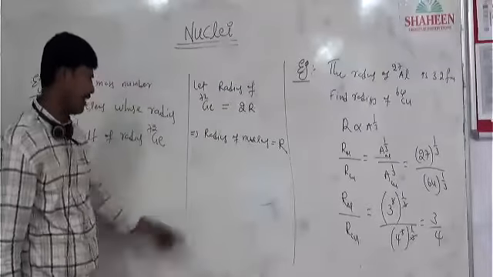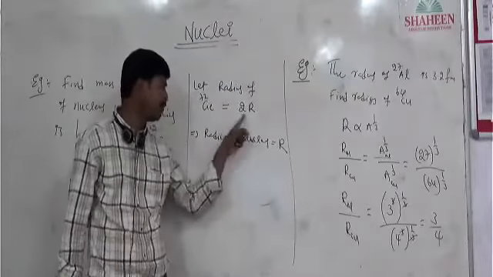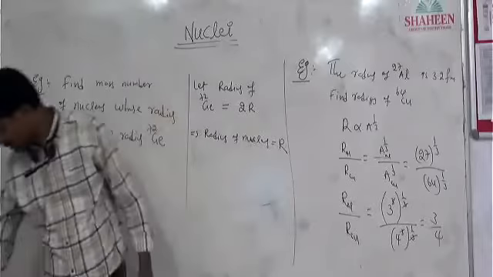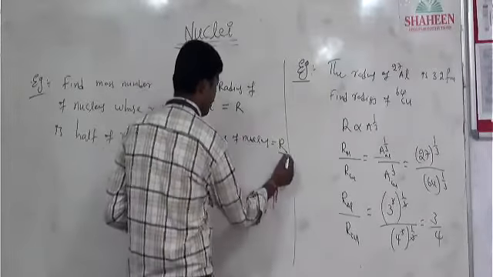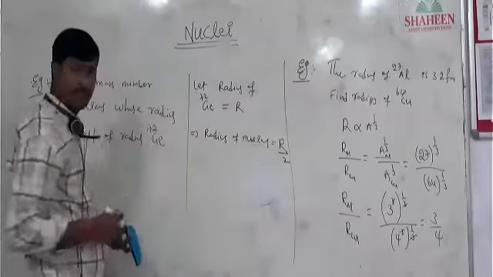You can take this as R by 2, but here it is 2R and R. Or if you are confused, I will take R only, because then R is half, right? R by 2. Then we want to calculate the mass number.